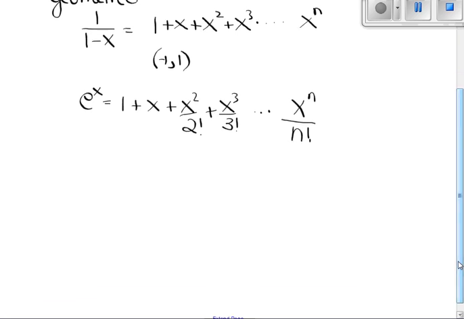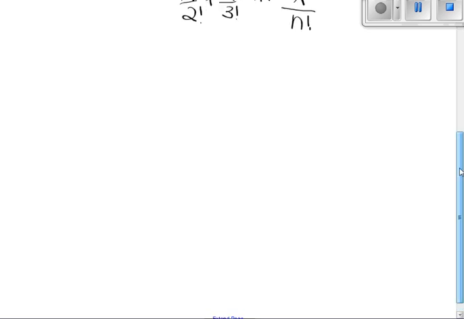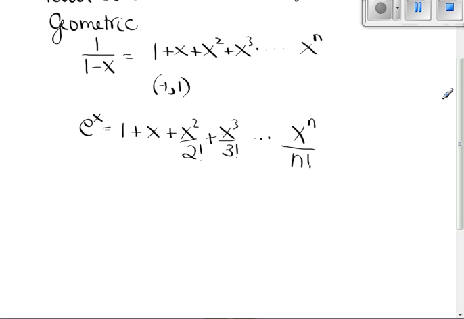What are the other two we have to know? Sine and cosine. The sine of x is an odd function, so the powers are going to be odd, and they alternate in sign. X minus x cubed over 3 factorial plus x to the 5th over 5 factorial minus x to the 7th over 7 factorial.